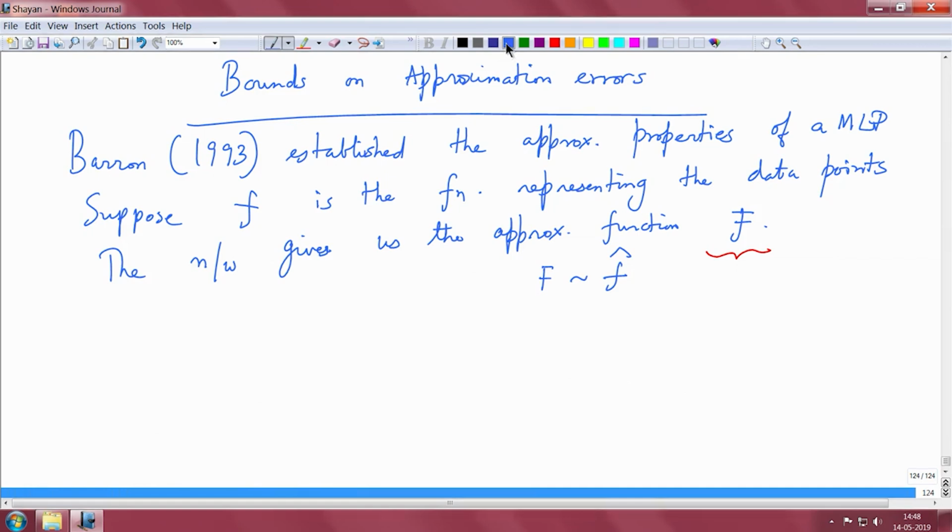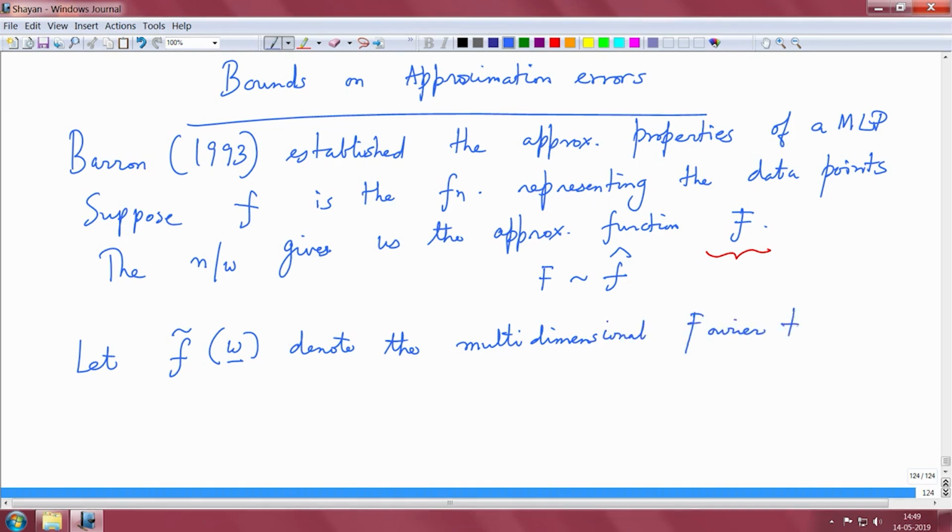So let us set the context here. Let f tilde of w, w is a vector, denote the multidimensional Fourier transform of f of x.